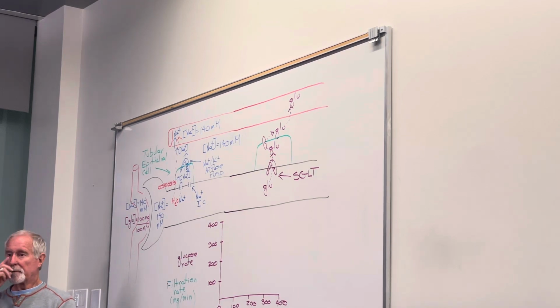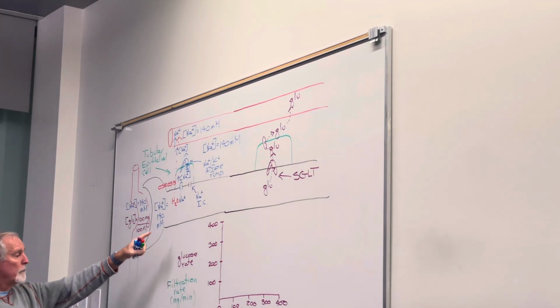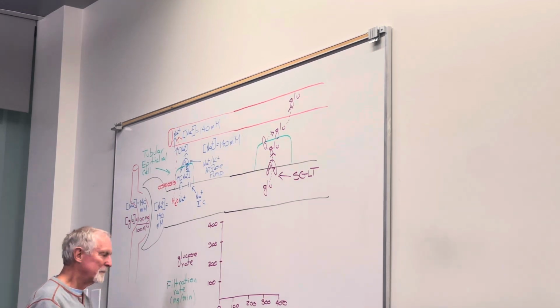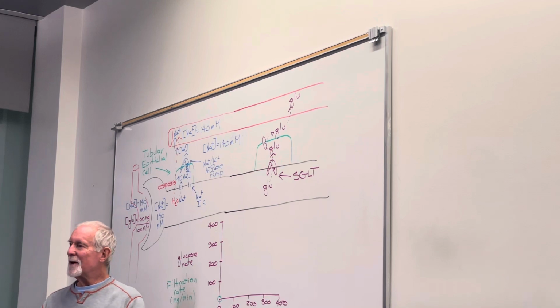That's correct. So let's back up. If the concentration of glucose is 0, Eric, what is the filtration rate for glucose going to be? It is going to be 0. That was the easy one.